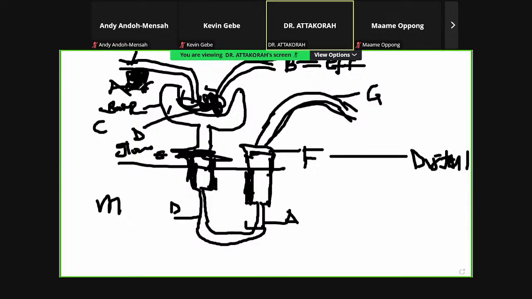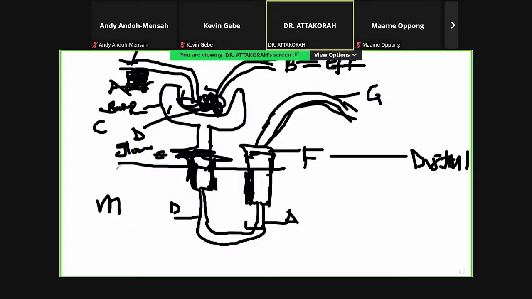And this structure is called the juxtaglomerular apparatus. Who can tell me the function of the juxtaglomerular apparatus? The production of renin. So it produces what? Renin.